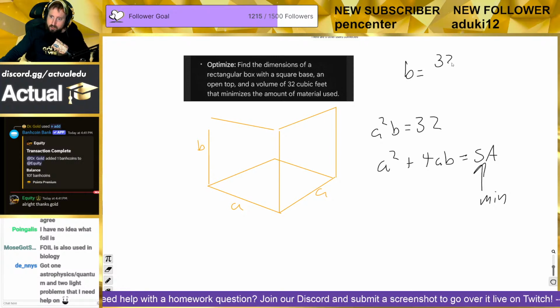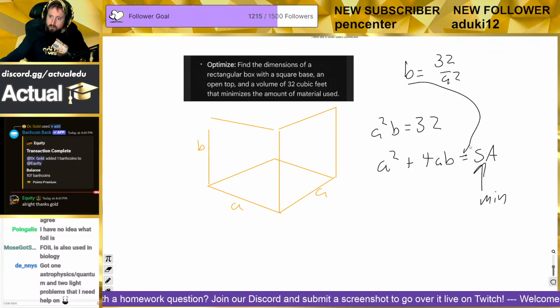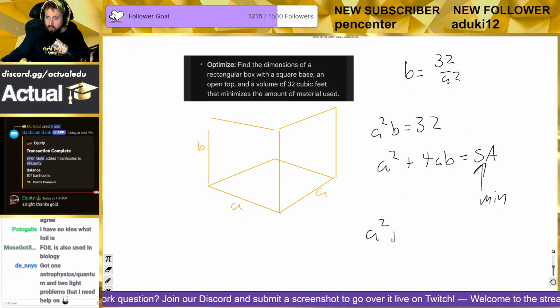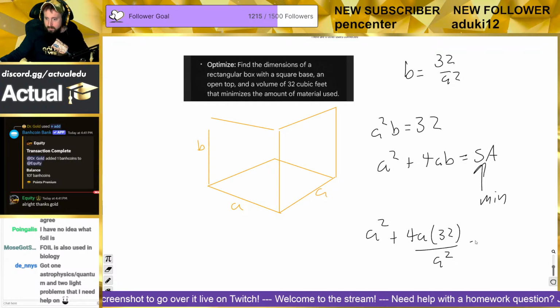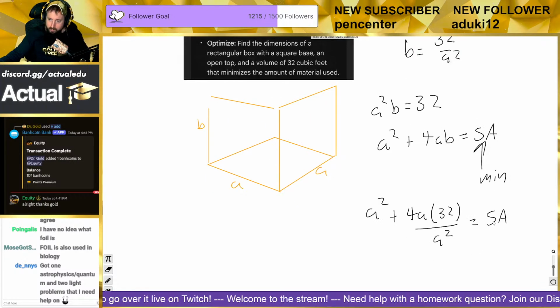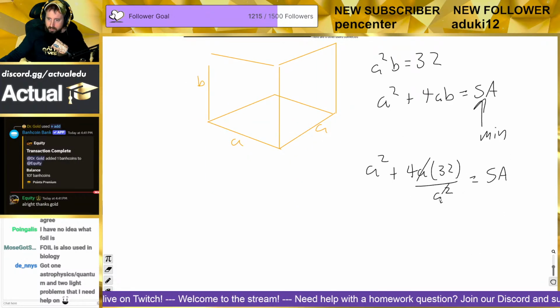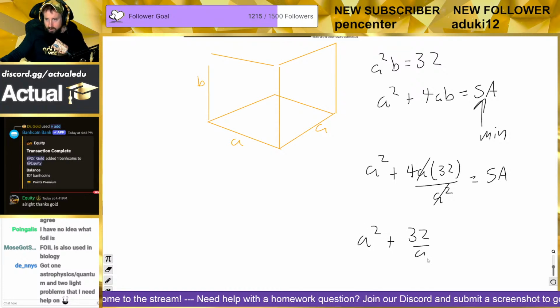B is equal to 32 over A squared. So I can now substitute that into here. So I get A squared plus 4A, and now this is 32 over A squared, and that's equal to the surface area we're trying to minimize. A squared plus 32 over A is equal to surface area.